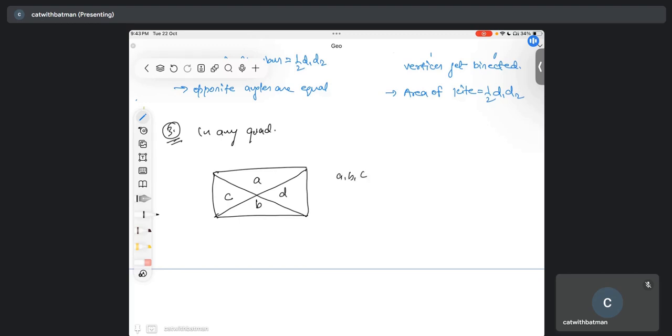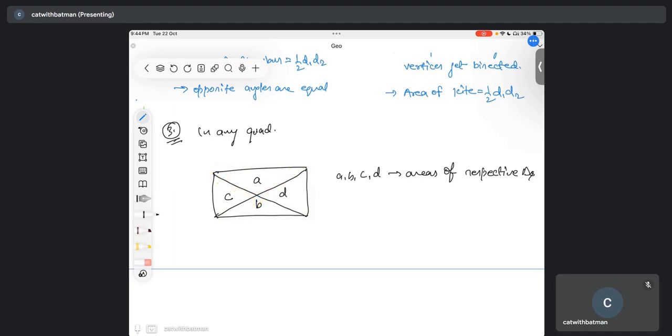I'll write that down also, that A, B, C, D are areas of the respective triangles. So A is the area of this, B is the area of this, C is the area of this, while D is the area of this.